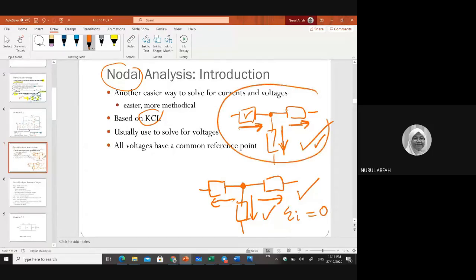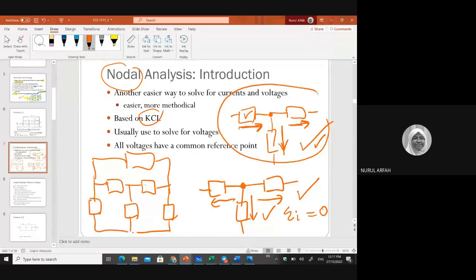Because throughout my circuit, regardless of how many, let's say I just draw a random circuit. And I say that horizontal goes this side, right?